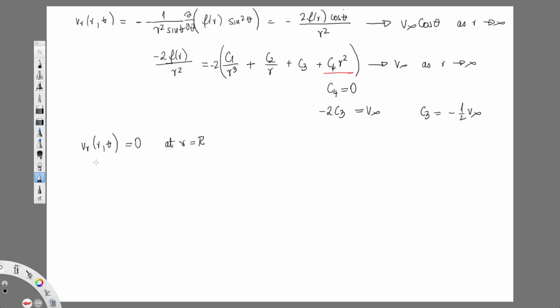The cosine theta part can't vanish, so it's minus 2 times c1 over r cubed plus c2 over r plus c3, times cosine theta, has to be equal to 0 at r equal to R. So basically c1 over R cubed plus c2 over R plus c3 should be equal to 0.